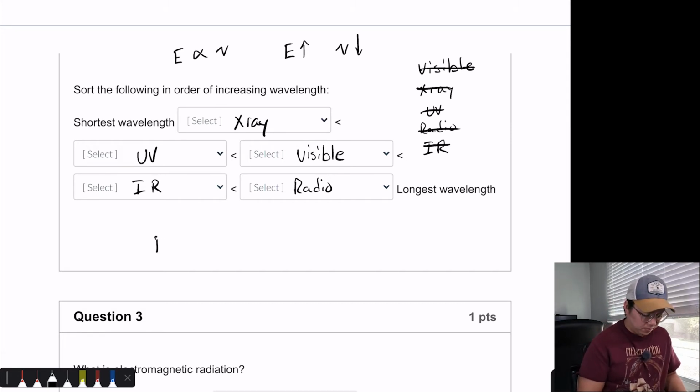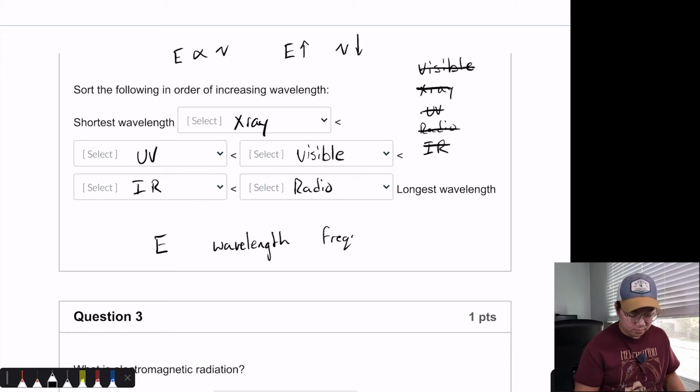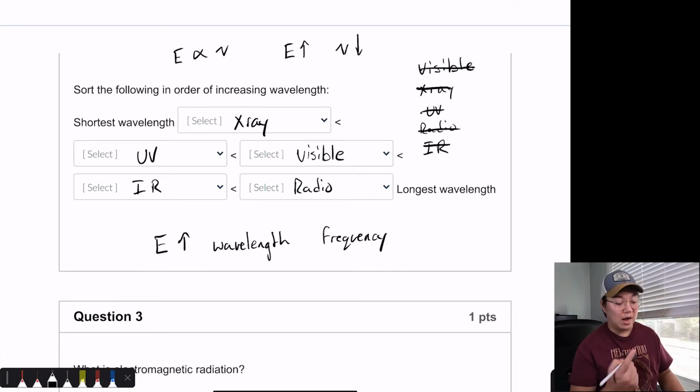So if we've got our three things here, energy, and then I'll just write out wavelength and frequency. So if energy is increasing, or if we have high energy, then we have a high frequency and we have a low wavelength.